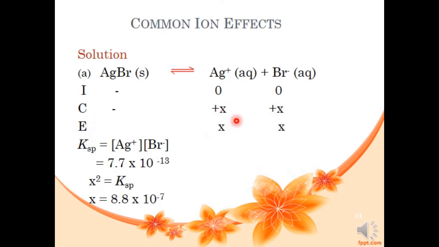So at equilibrium, 0 plus x equals x, 0 plus x equals x. Substitute this x into the KSP expression. Given the KSP value of silver bromide, 7.7 times 10 power negative 13, we can solve for x.